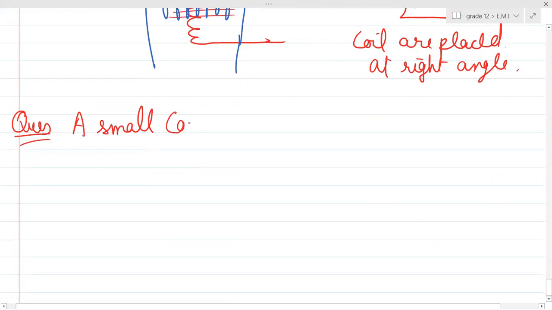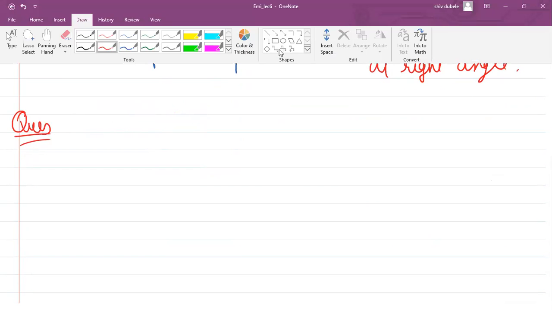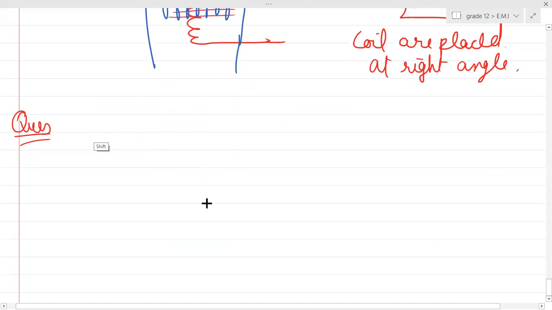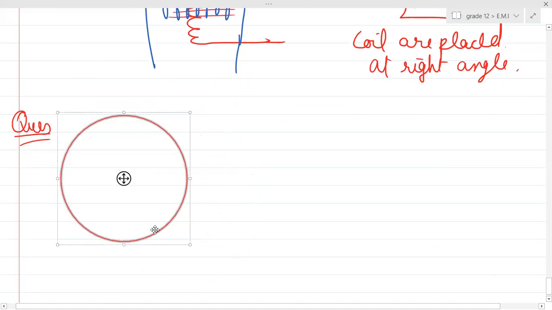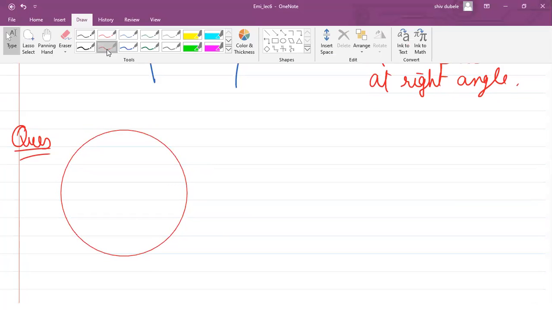Suppose guys there is a small coil. There is a very big coil. Can you see over here? The first coil is very big. Number of turns is one only.